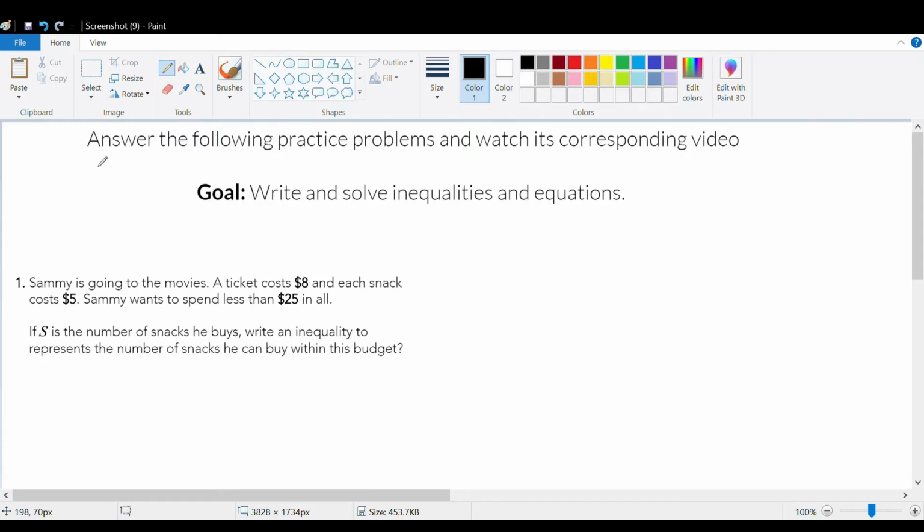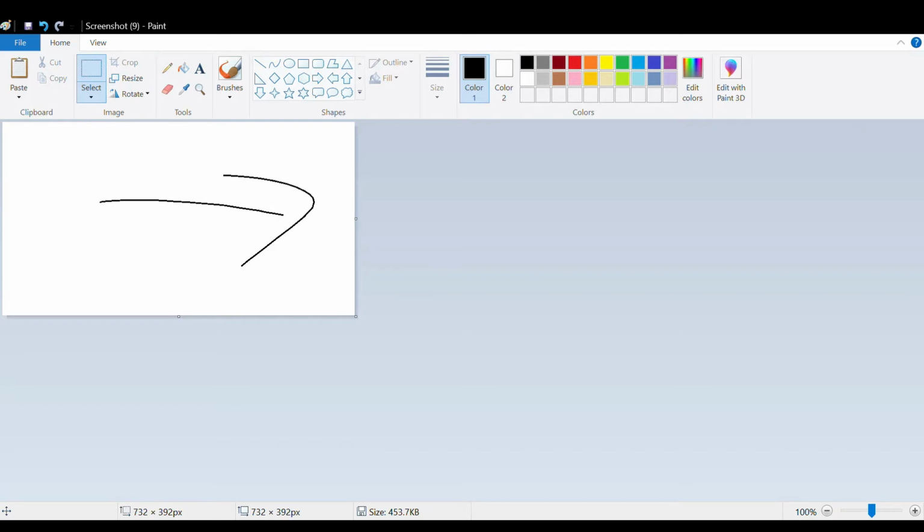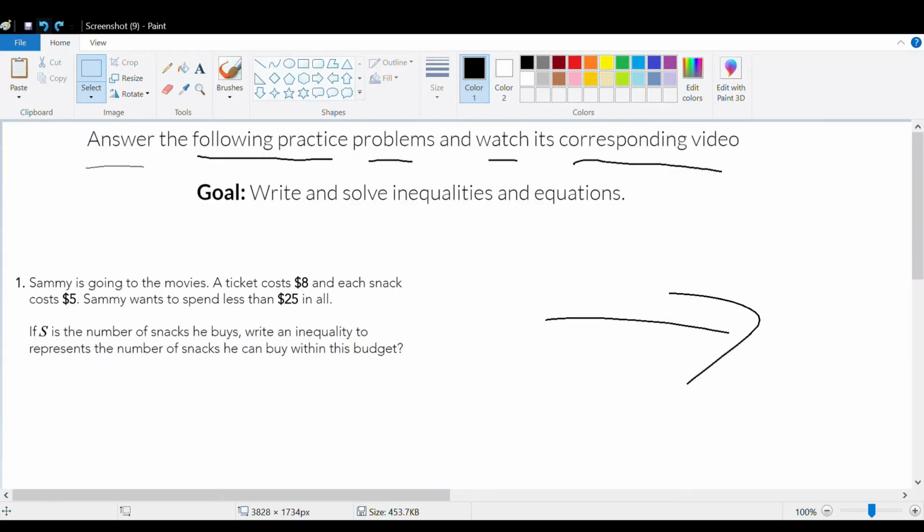We have to answer the following practice problems and watch its corresponding video, which will always be to the right of the problem. So getting back to reading the problem, let's start reading it.